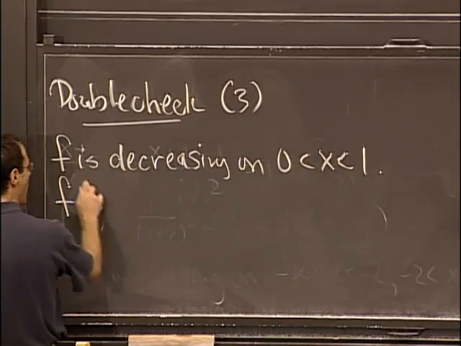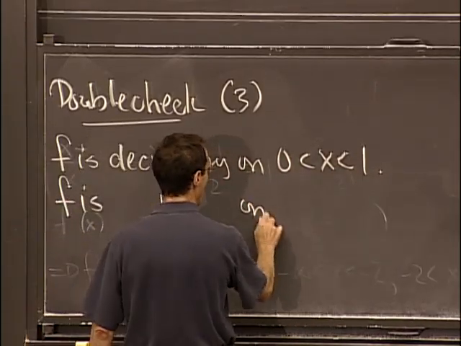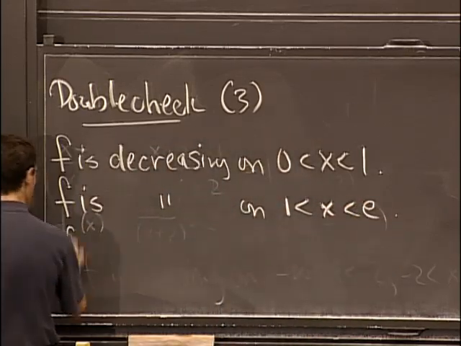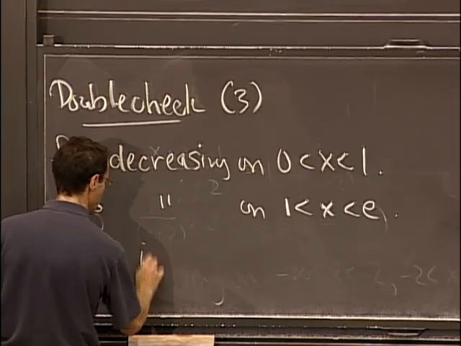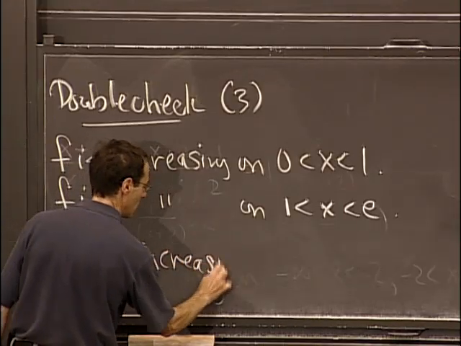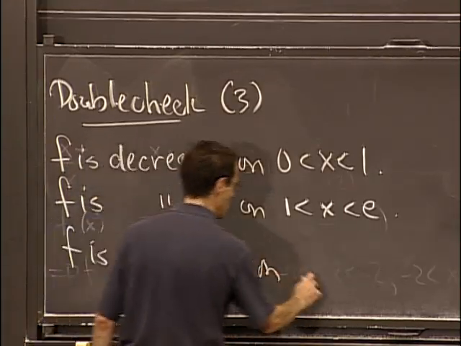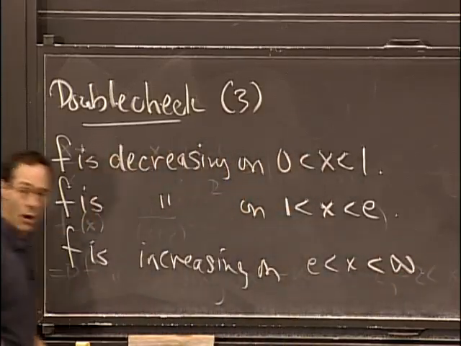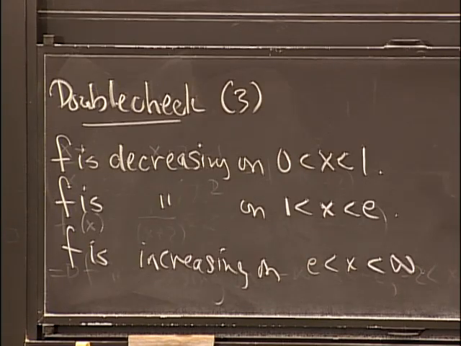F is also decreasing on 1 to e. And f is increasing on e to infinity. All right, so already, because we plotted a bunch of points, and we know that there aren't any places where the derivative vanishes, we already know it goes down, down, up. That's what it's got to do.